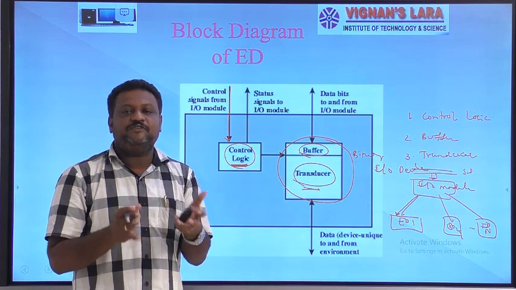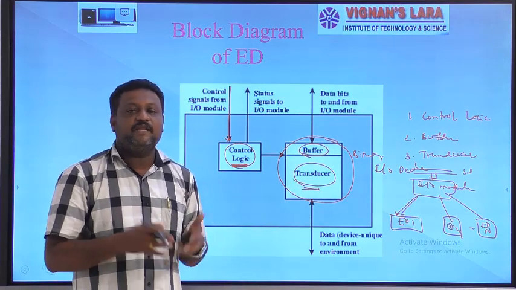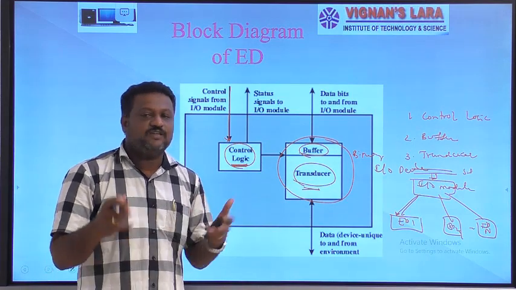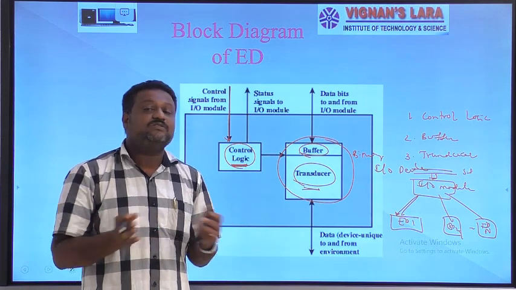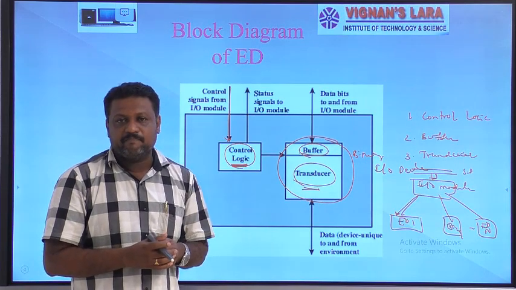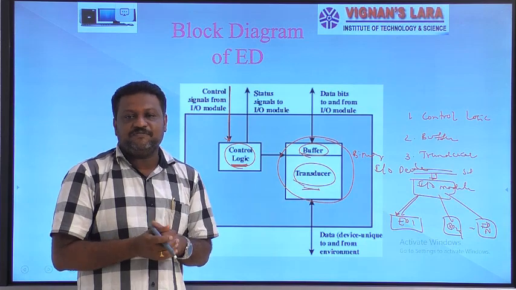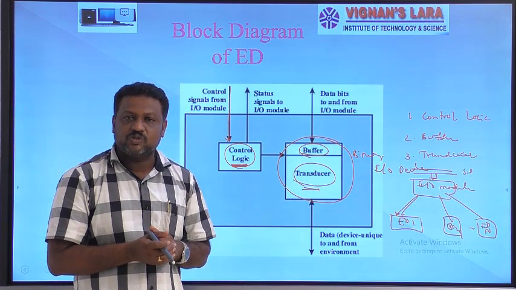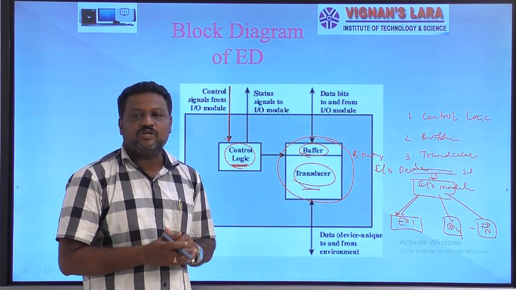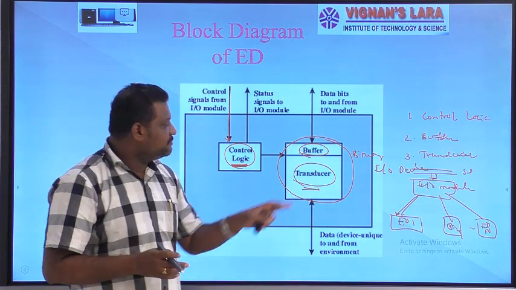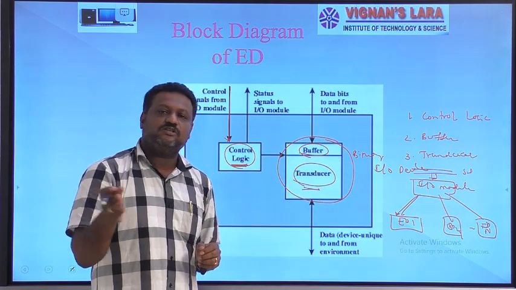Because if you observe different input and output devices, their information is not the same. Whatever information they produce or accept, the form of data is different. So the transducer converts the binary information into some other form.